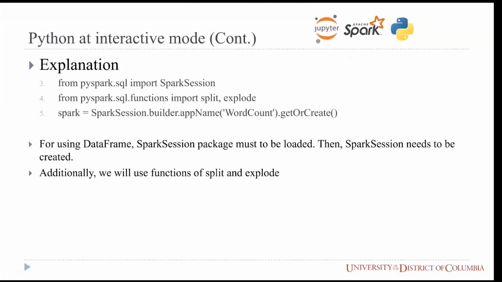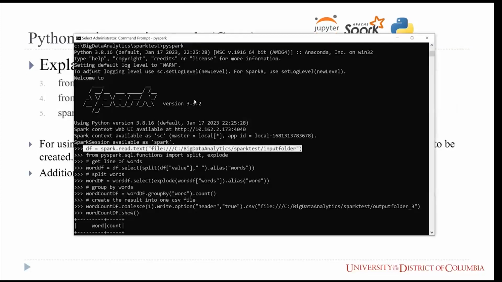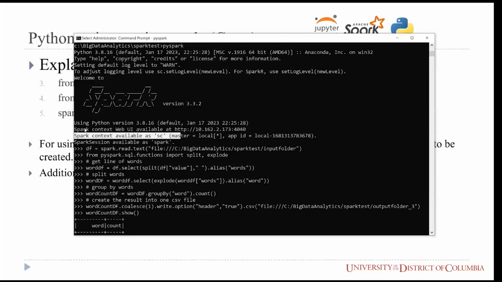Right? Then I try to add additional explanation here. So let me explain. First part here, Spark sessions. Whenever you are doing Apache Spark programming, you're always required to create Spark sessions. When you go back to this command prompt and load Spark Shell or PySpark, it automatically loads this.